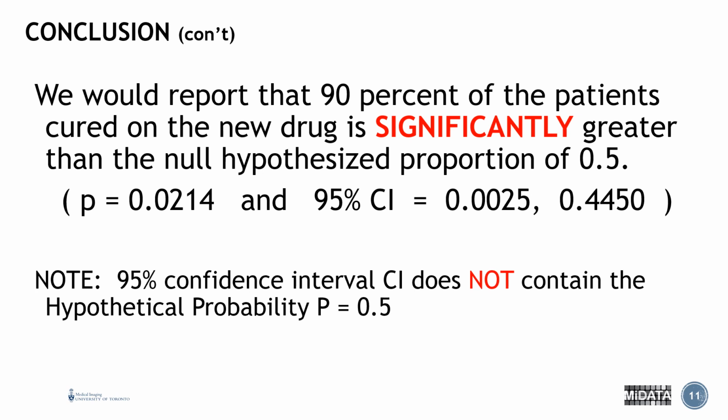Now, just as a note, which you'll see that we repeat ourselves many times in this course, the 95% confidence interval does not contain the hypothetical probability of 0.5.